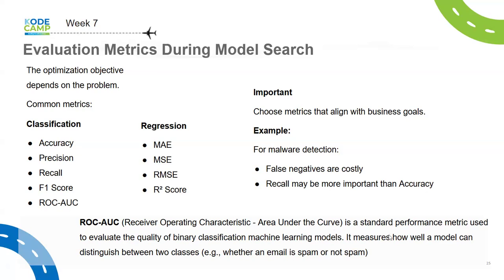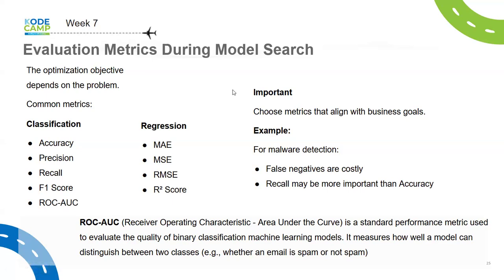Basically, it's a standard performance metric that you use for evaluating binary classification models, right? It measures how well the model can distinguish between two classes. So it's similar to, it measures how well it does with the decision boundary. That's it. It's a very long name.